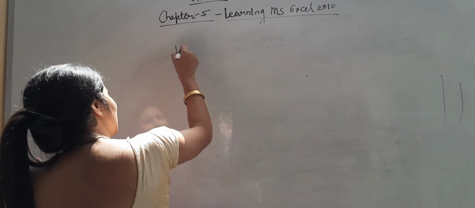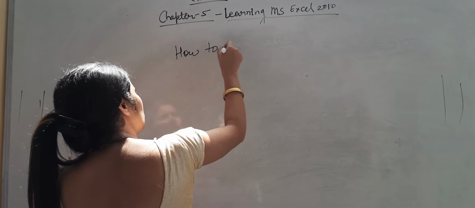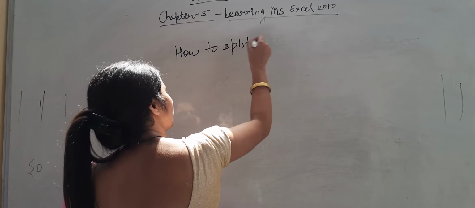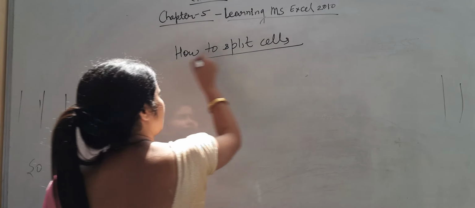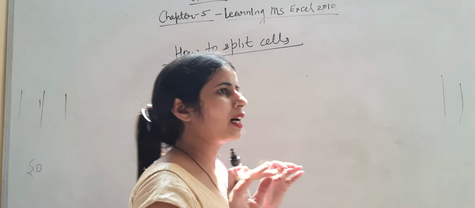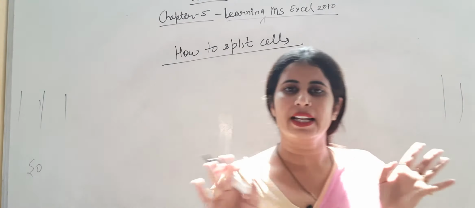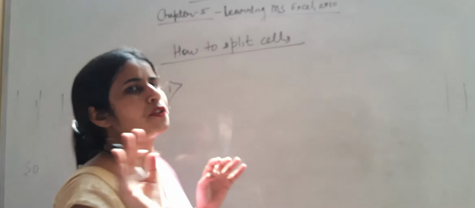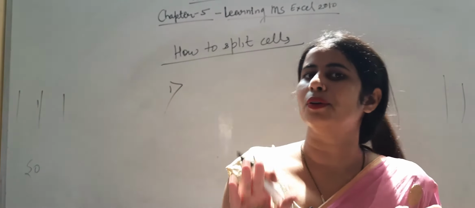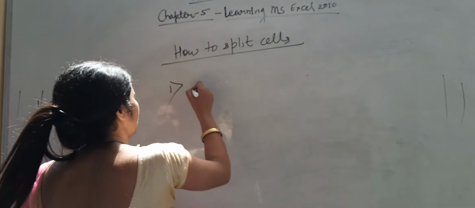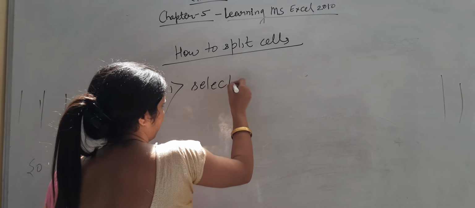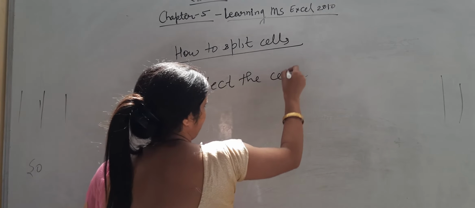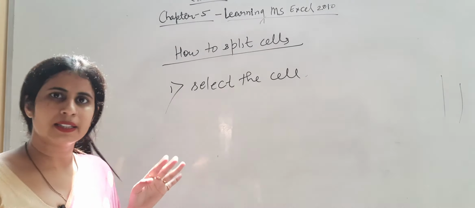Next is how to split cells. Split means if we are dividing a cell into different sections, it is known as splitting. Now how to split the cells? If I want to split the cell, for that also I need to select. I will select the cell. I have selected the cell.